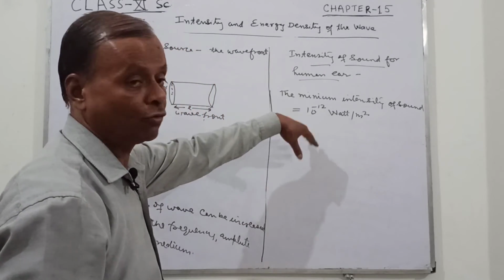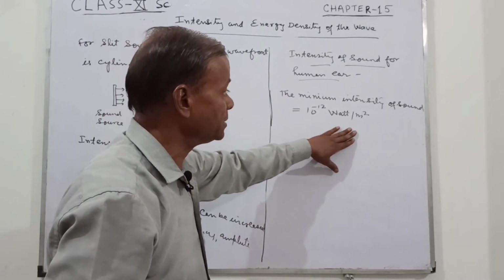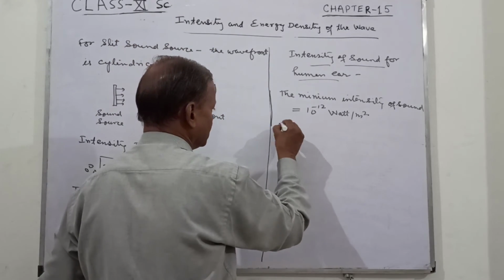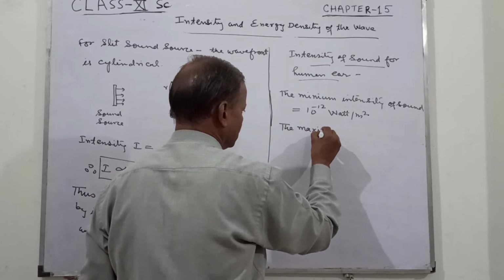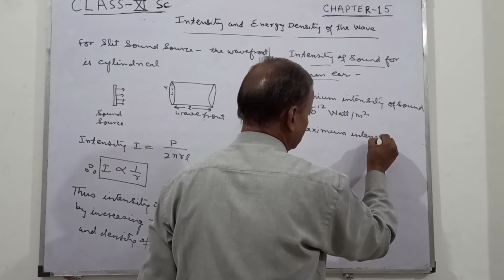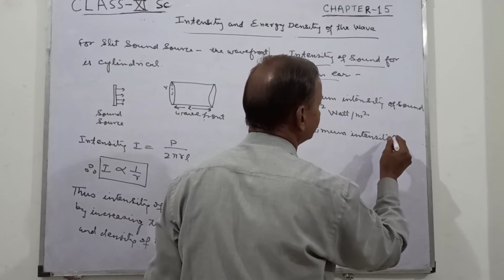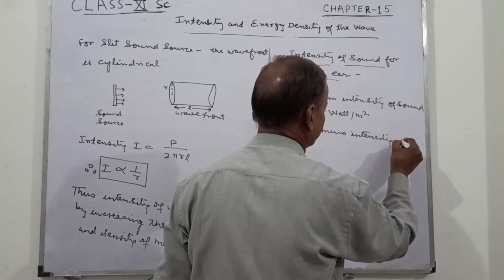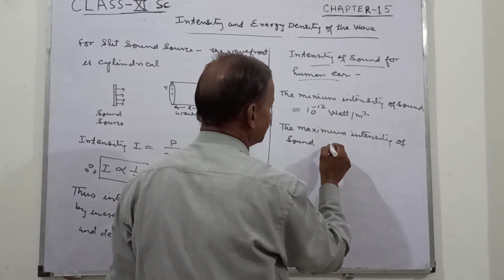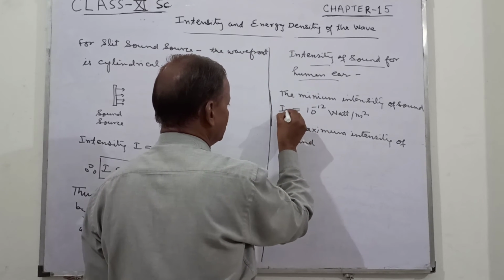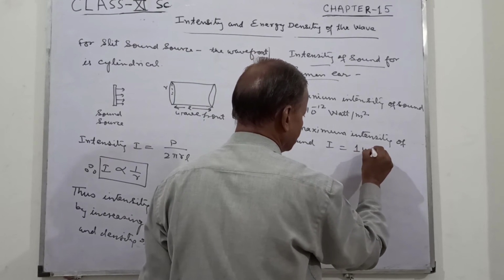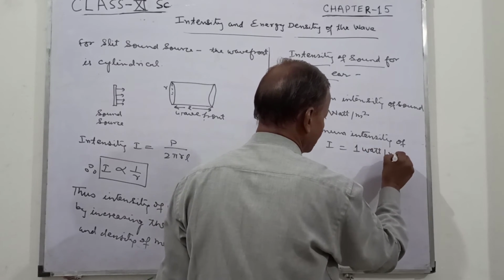So this is the minimum threshold at which we can listen to the sound. The maximum intensity of sound, suppose I take this to be I naught and this is now I, this is equal to 1 watt per meter square.